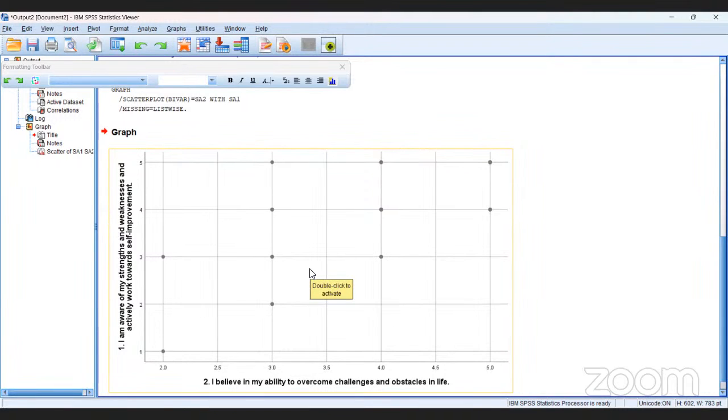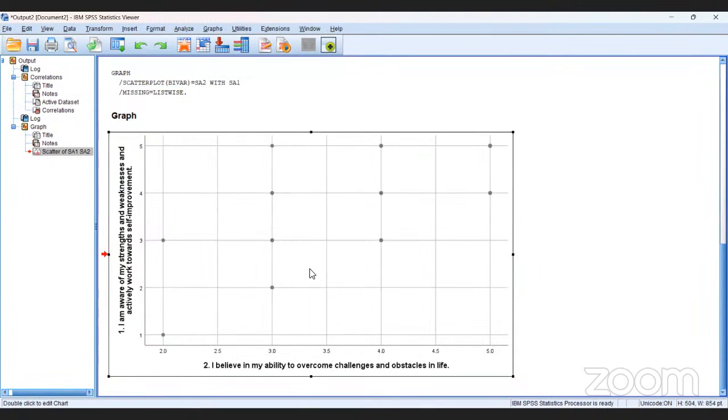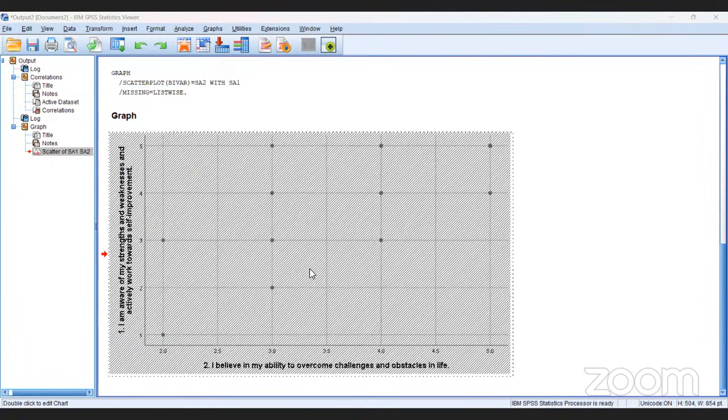There is a scatter plot. Now you have to click it, and then you will click this one.